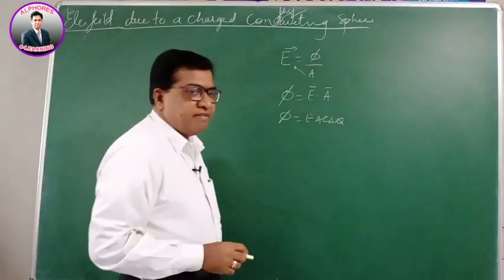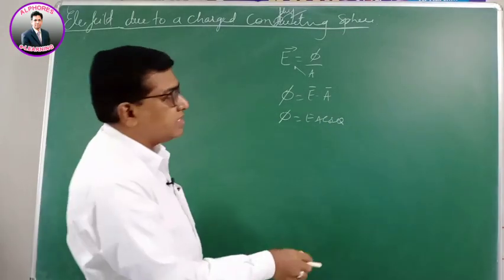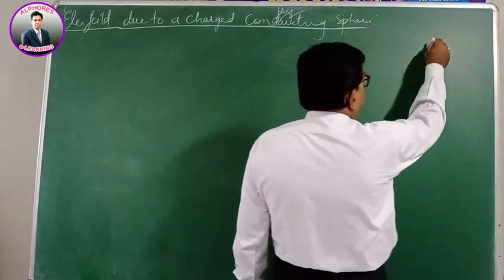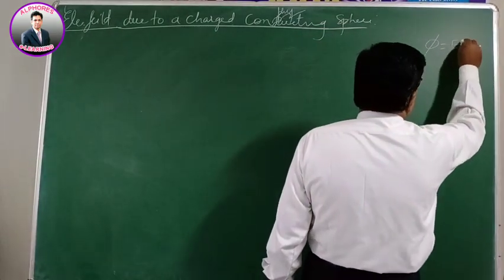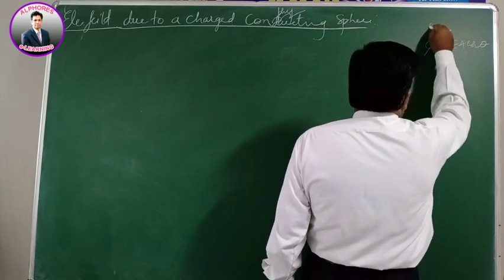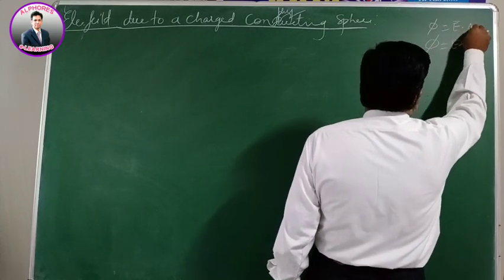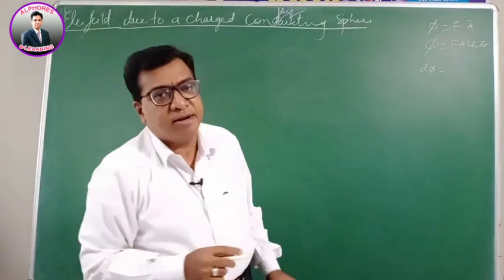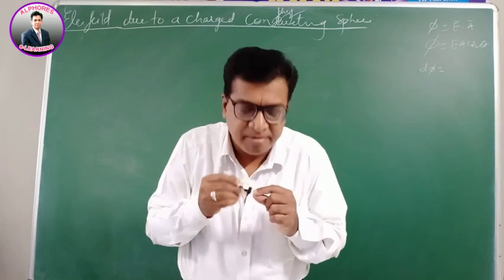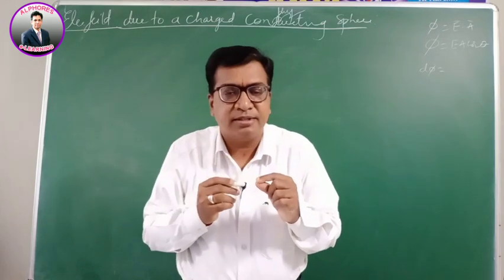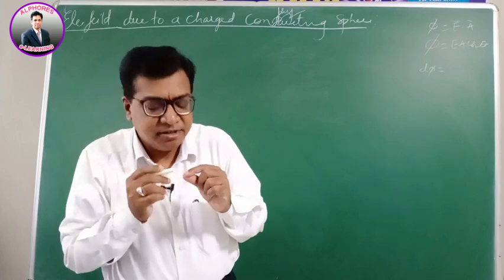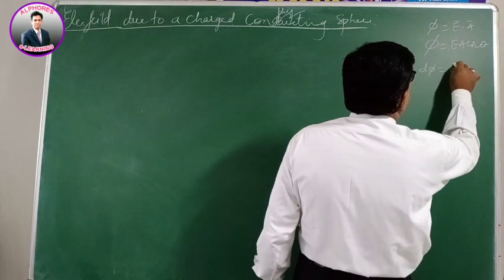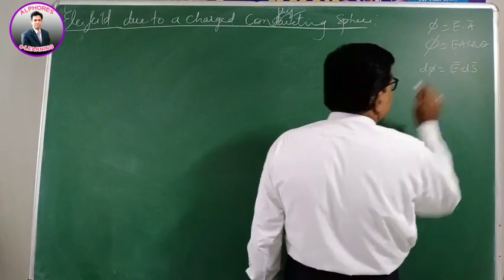For a uniform field, flux phi is equal to EA cos theta, or E dot A. For a non-uniform field, consider a small area element, a small nail for example. Through that area, the small flux d phi is E dot ds.